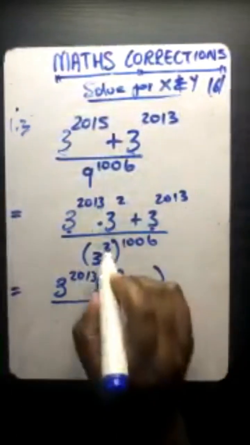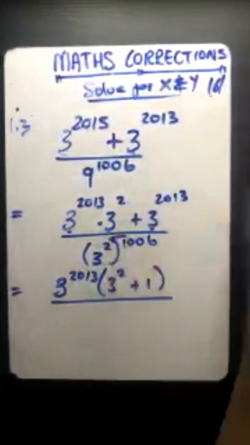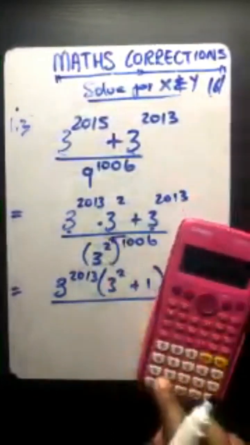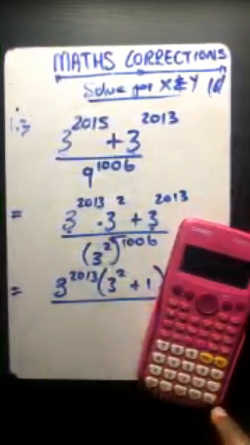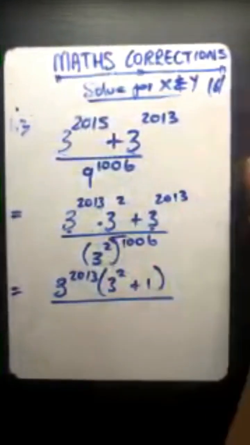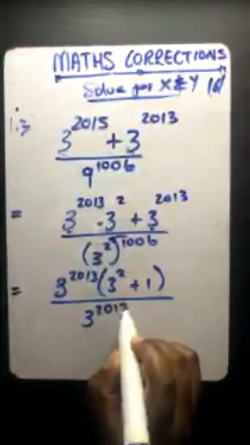And then here, what is power to power? So I think that, let me quickly do that. 2 times 1006 is 2012. Yes. Okay. So now I'm having a 3 to the exponent 2012.